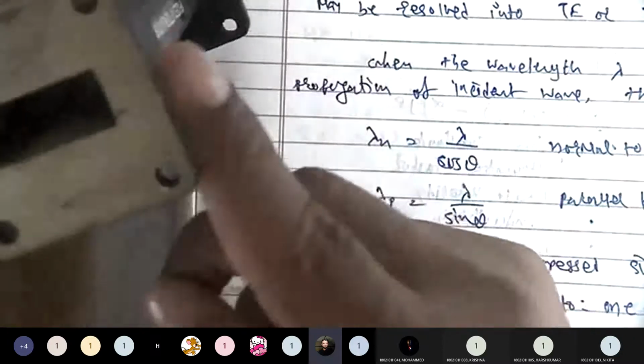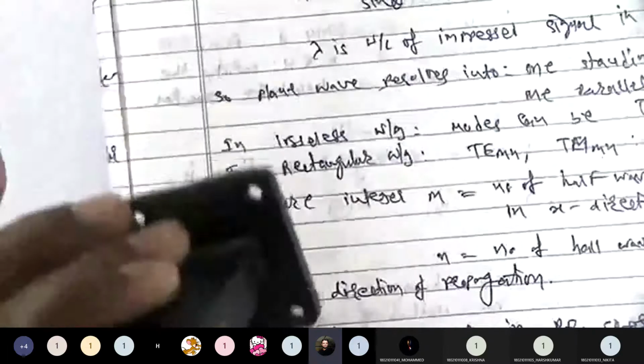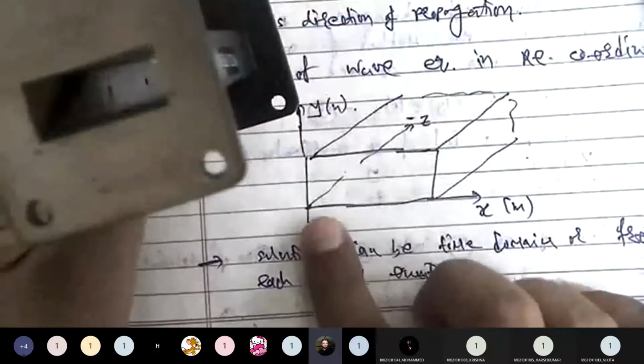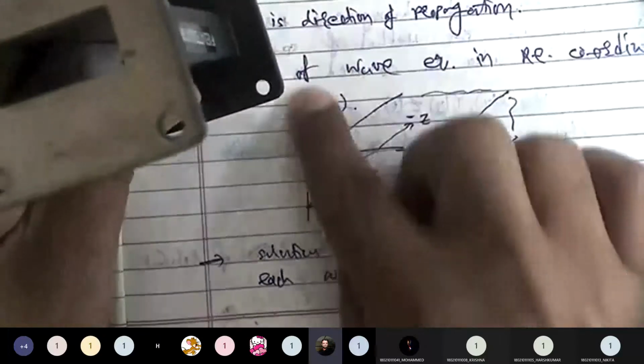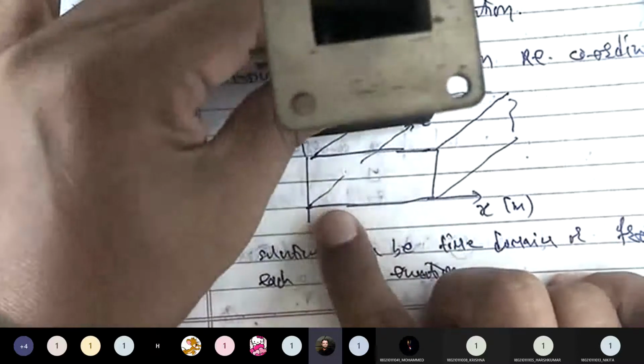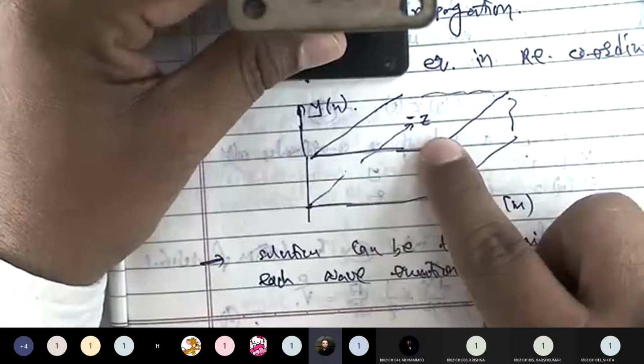So let me consider this one as your x-axis, this one as your y-axis, then this axis will be considered as the z-axis. Let me show you from my book that this one is your x-axis, this one is your y-axis, and there is a 3D print which shows the minus z-axis.